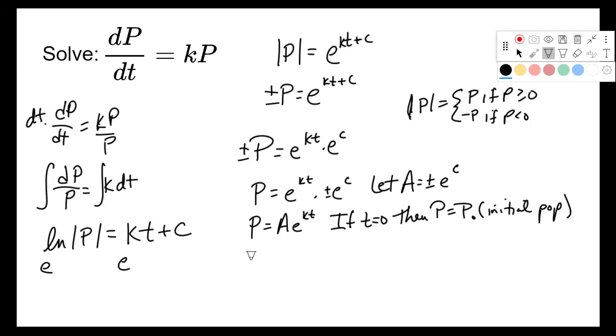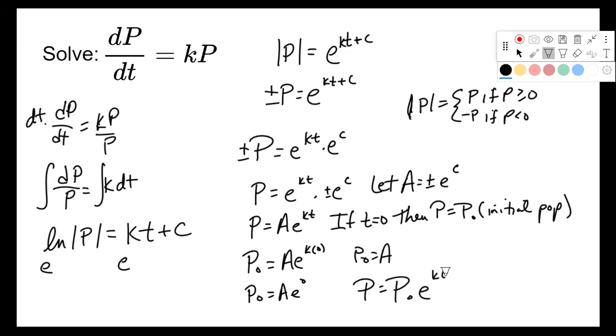So if I substitute that in, I would get P naught is equal to A e to the k times 0. So P naught is equal to A e to the 0 power. e to the 0 is 1. So then P naught must be A, which means that the equation that I use is P equals P naught e to the kt power.